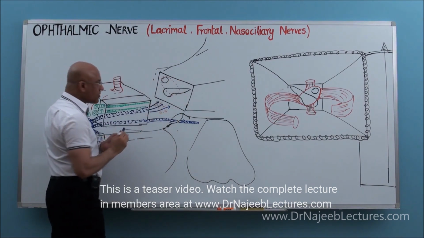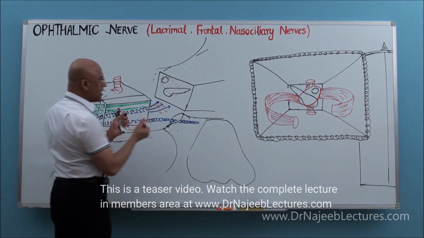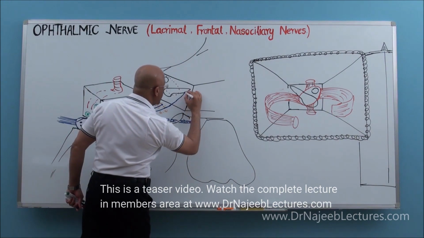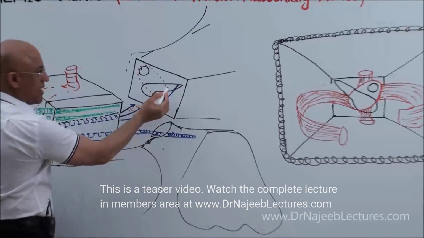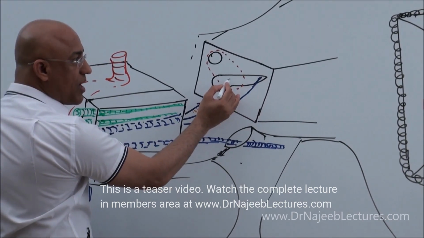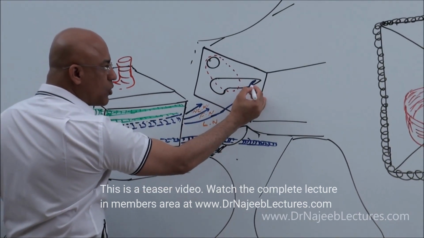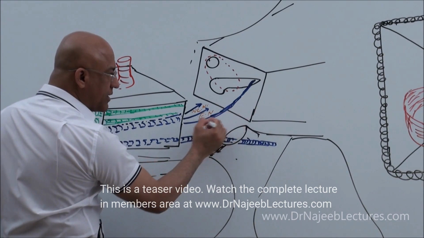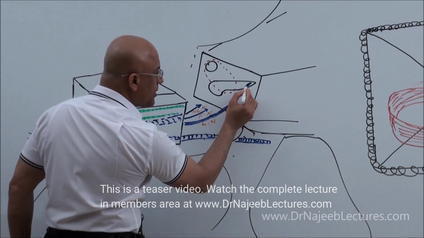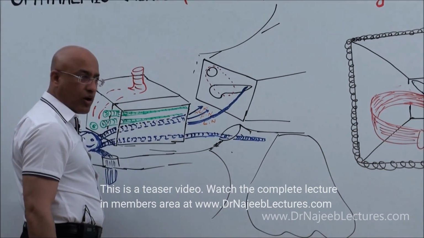Is that right? Now, first of all, lacrimal nerve. Lacrimal nerve enters, yes, is it entering outside the common tendinous ring or within? Outside. It is entering outside the common tendinous ring, right, through the superior orbital fissure.